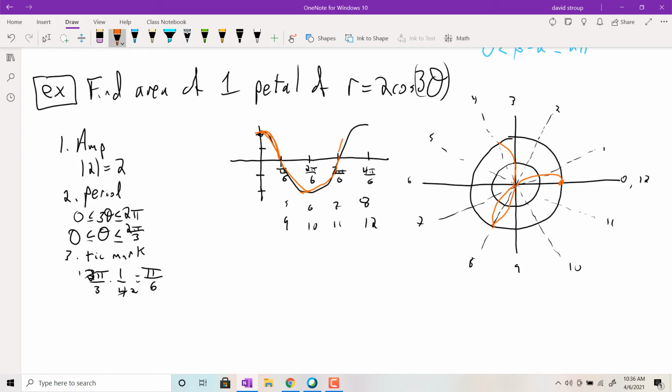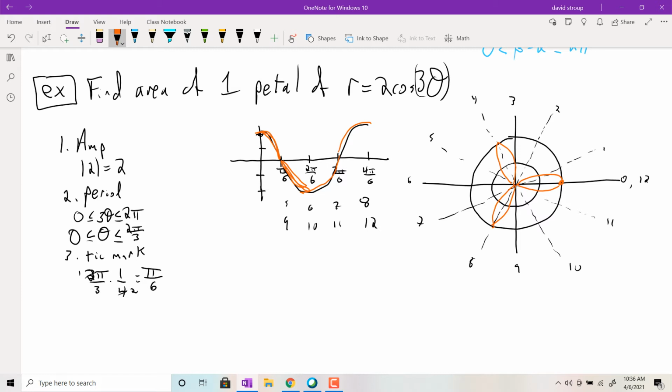And then from 4 pi over 6 to 5 pi over 6, it goes back to 0. And then from 5 pi over 6 to 6 pi over 6, it's kind of hard to see, it's this region here, it'll go negative again. And then it looks like it's going to start repeating, right?